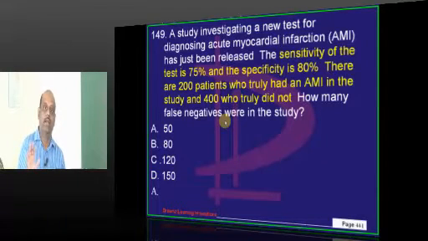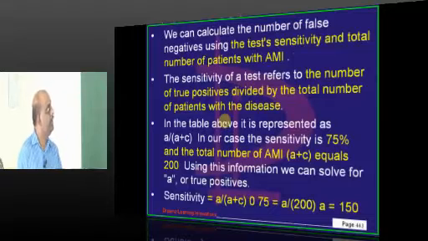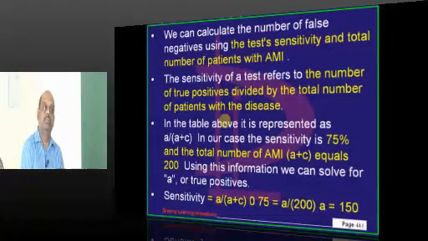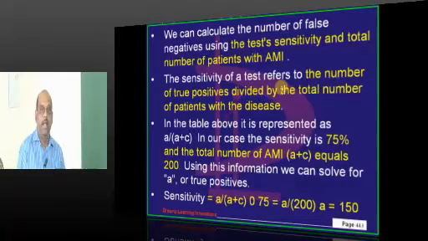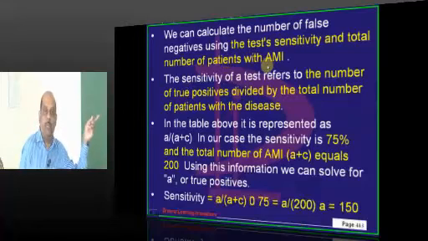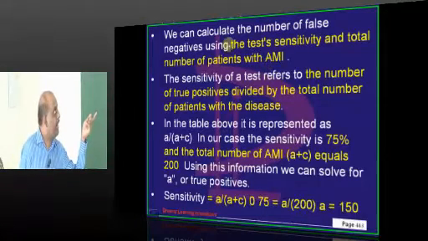This is a routine question asked in All India AIIMS question bank, which you need to be very sure about. Basically, if you know the sensitivity and the total number of patients who had really AMI, you can be able to calculate the false negatives.